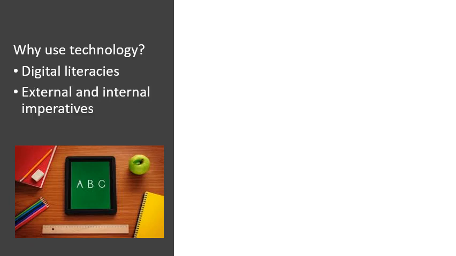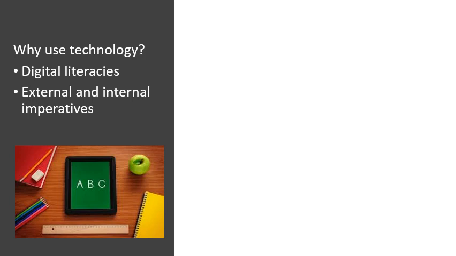Neil Selwyn in the same book speaks about external and internal imperatives for using technology. The external imperatives would be the outside world and what kind of skills are necessary for being successful both personally and professionally in the outside world.